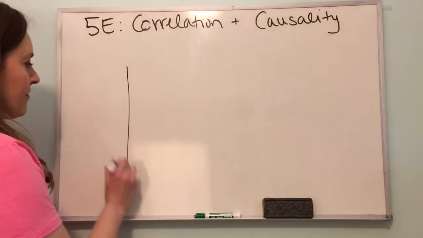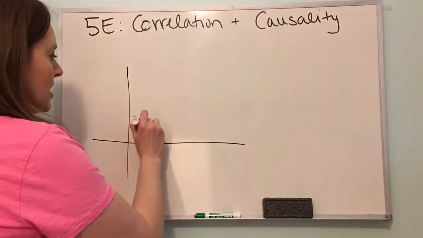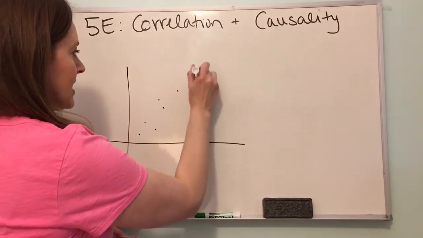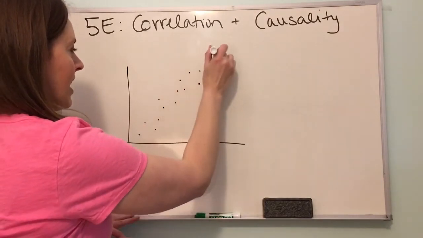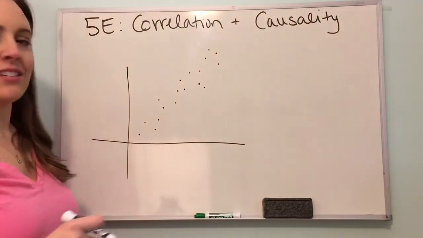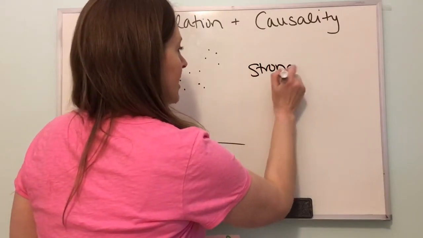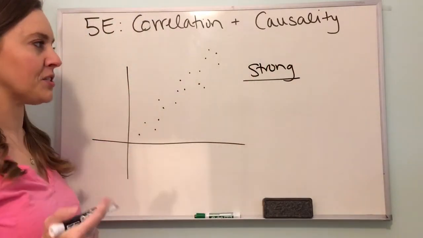If I have a graph that looks like this, I'm not going to label the axes right now, and I have a bunch of dots on the graph kind of together, something like that. Okay? It's a little tough to see, but hopefully it's okay once it's on your computer screen. I would say this has a strong correlation. It's strong because these dots are very close together.